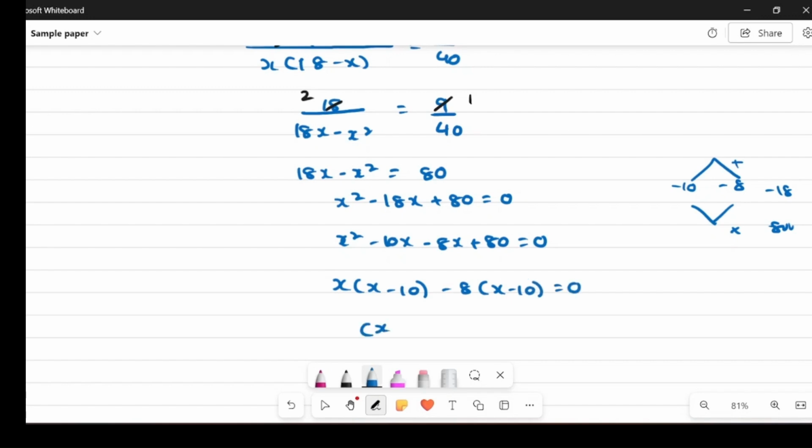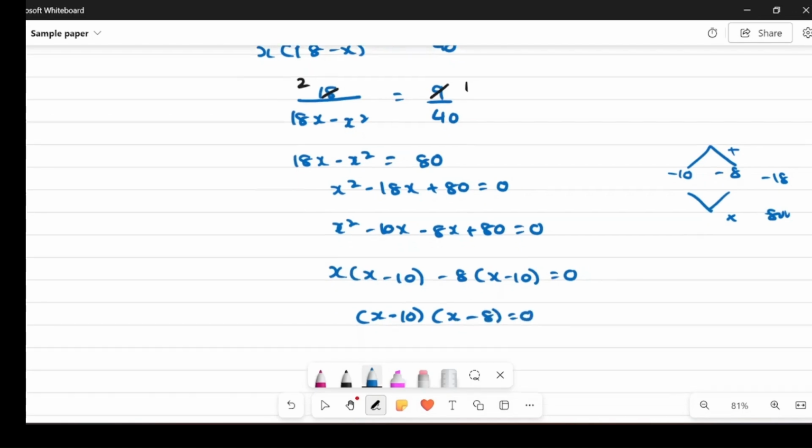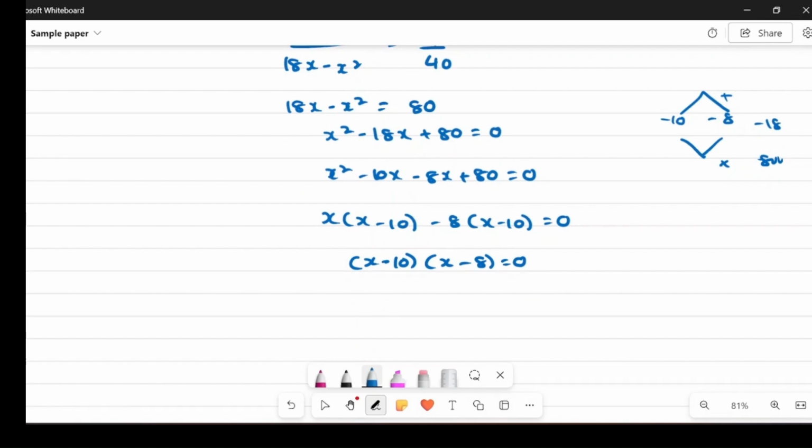We can take x minus 10 common, then we are left with x here and minus 8 here, is equal to 0. Then the zero product rule: since the product is 0, one of them should be 0. So either x minus 10 is equal to 0 or x minus 8 is equal to 0. So either x is equal to 10 or x is equal to 8, right?